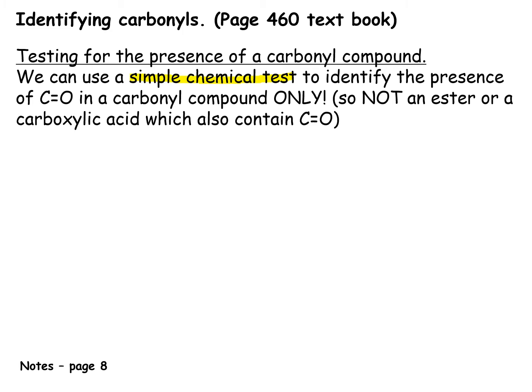So maybe draw a line to it and you can just put test tube reactions in the lab. Okay. So we can use a simple chemical test to identify the presence of a C double bond O. So again, identify the presence of a C double bond O, but that's only in the carbonyl compound only.